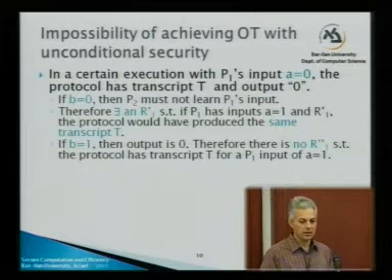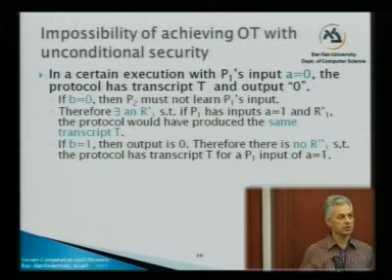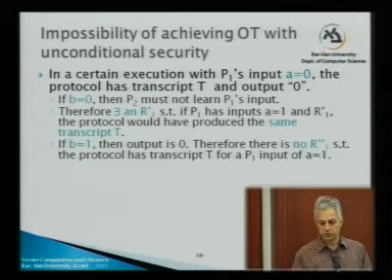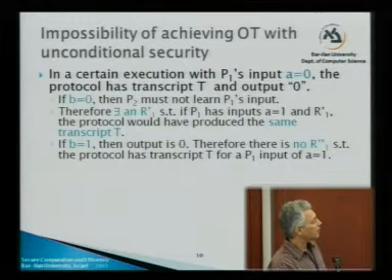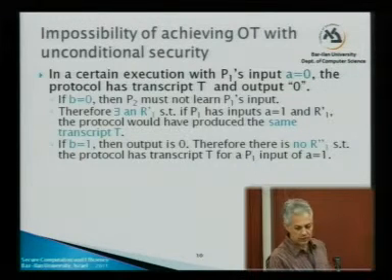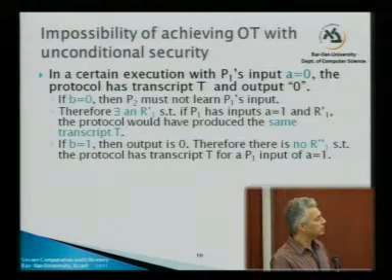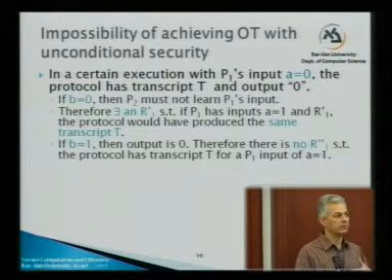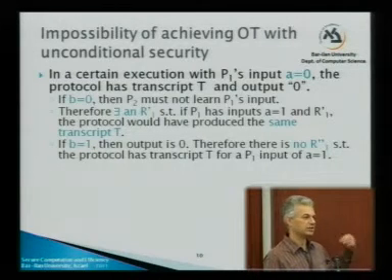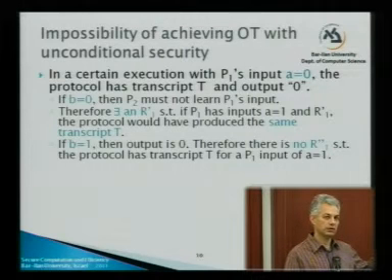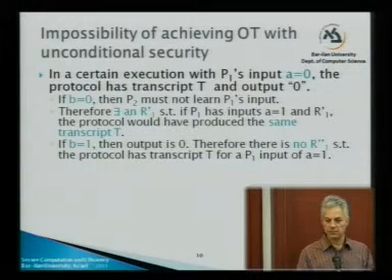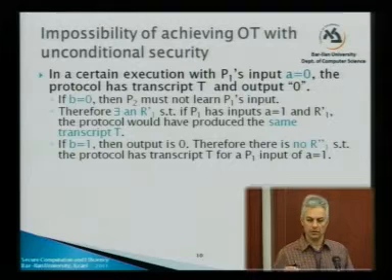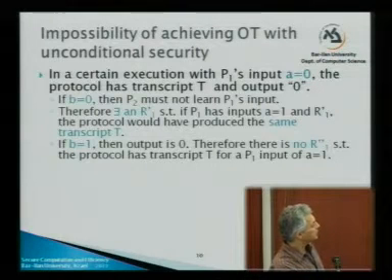So therefore, if we don't want P2 to be able to deduce P1's input, we have to make sure that there must be some R1 prime for P1, so that even if P1 has an input A equals 1 and not A equals 0, the conversation of P1 and P2 would be exactly like the one they had when P1's input was A equals 0. So there must be identical conversations both when P1 has input 0 and input 1. This is when P2's input is 0.